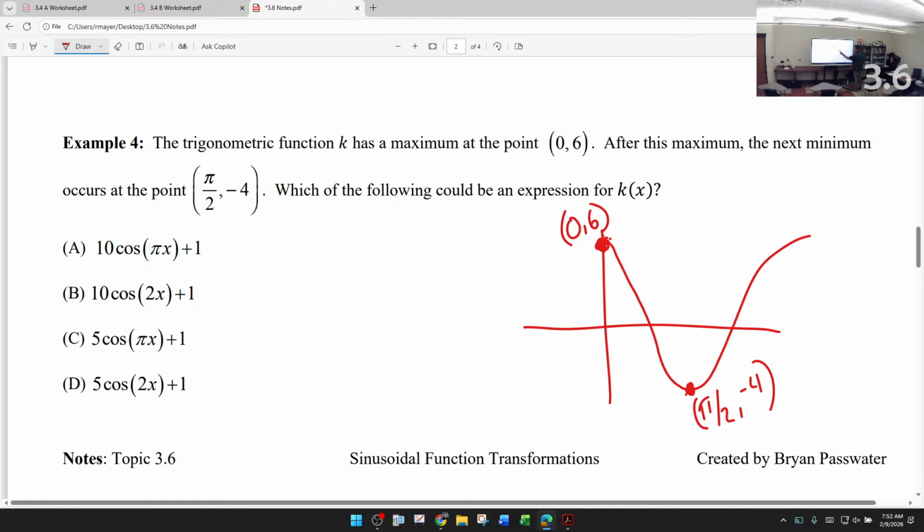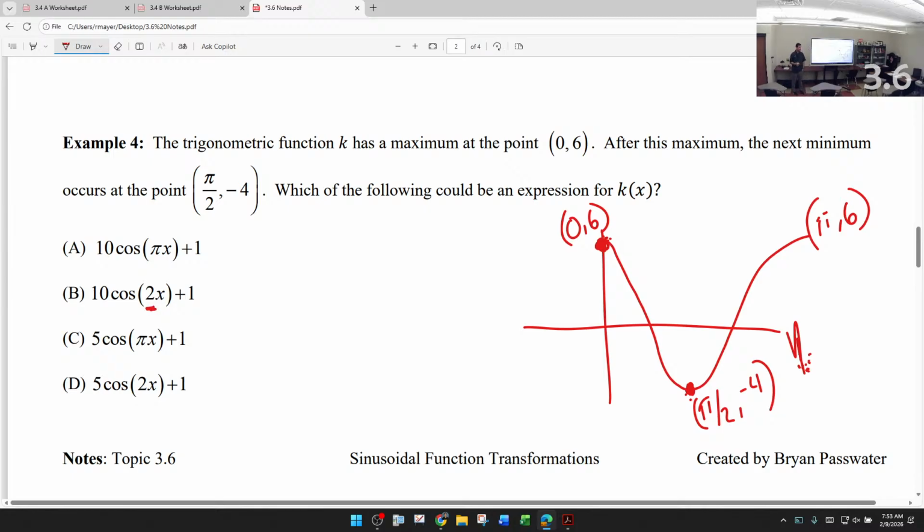This is (0, 6), and this is (pi over 2, negative 4). So my guess over here, if that's halfway, then this must be pi, and we're back at 6. And therefore, the period is twice as fast, so the B value is 2.